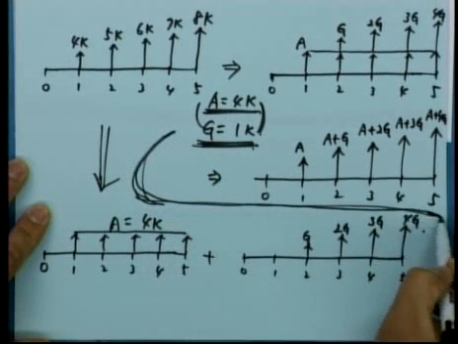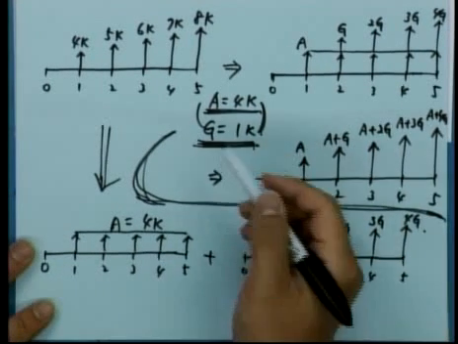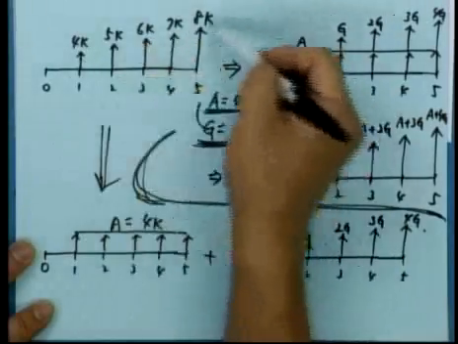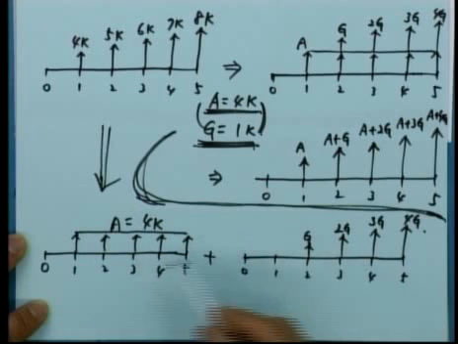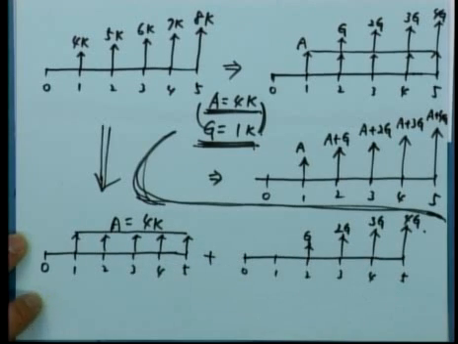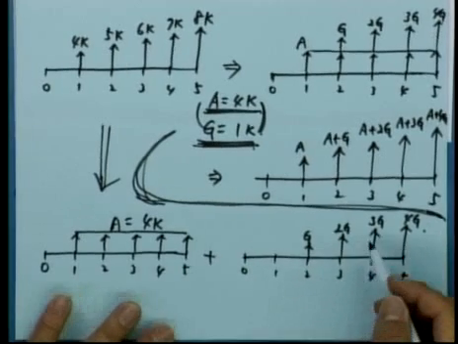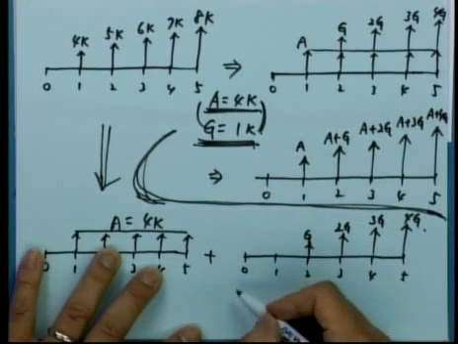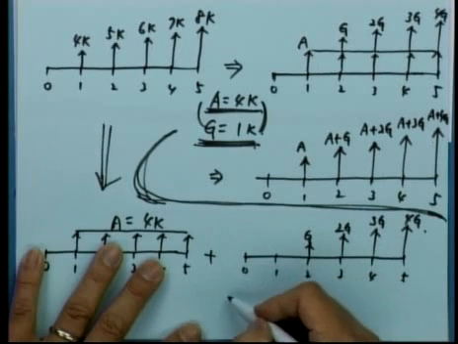So this original cash flow diagram can be broken into these two different cash flows, right? One for the uniform series, another for the arithmetic gradient. And here, one very important thing to tell you is, here we have a 5 period arithmetic gradient, right?